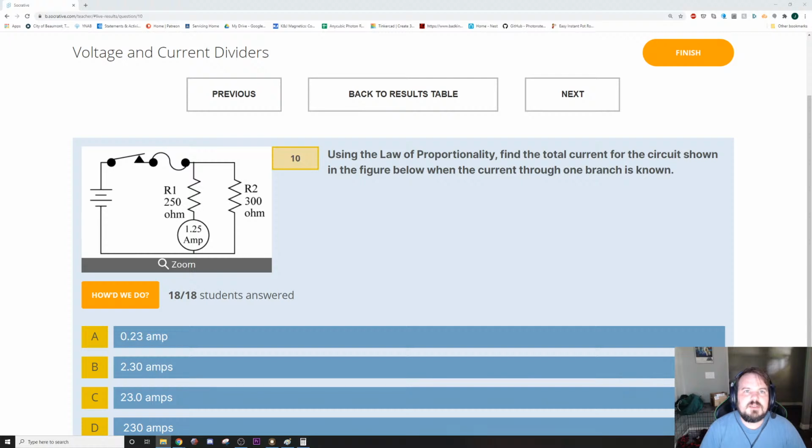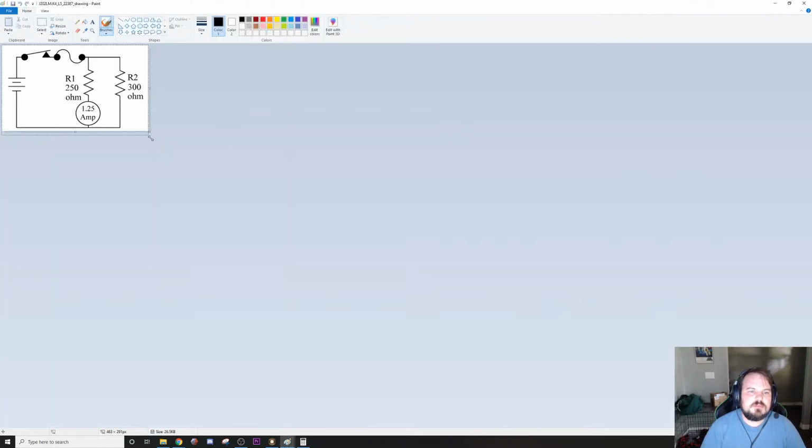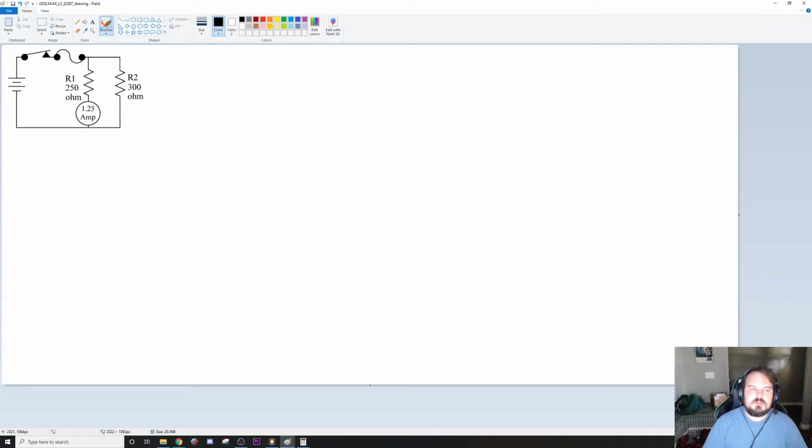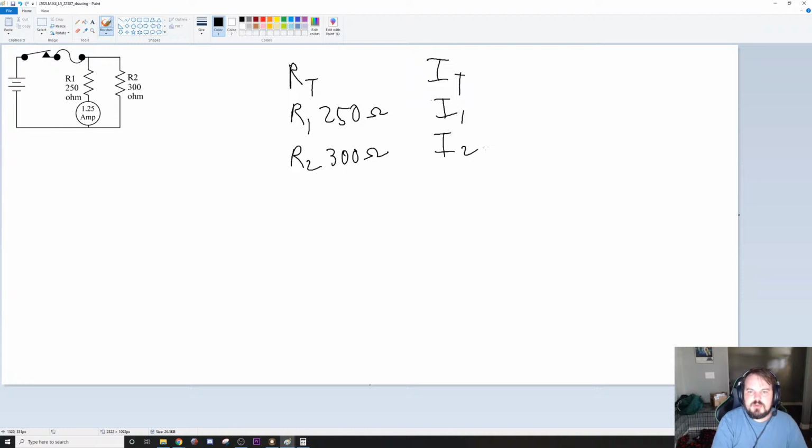So you can also work this just as a regular parallel circuit. I total, I1, I2.